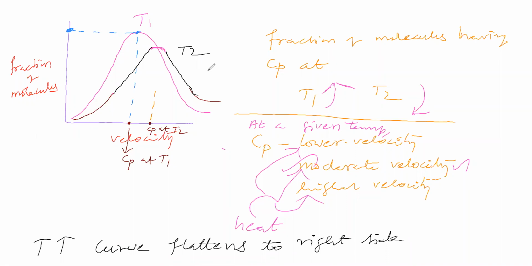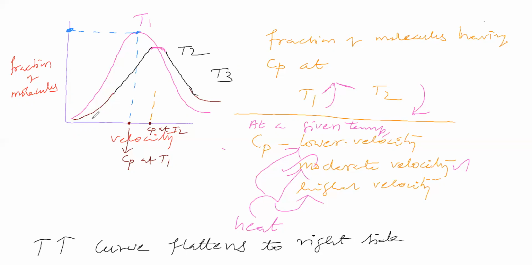Now when the temperature is T3, and T3 is higher than T2, how do you feel the curve will be? Shall we say T3 will be below T2, or above T2?